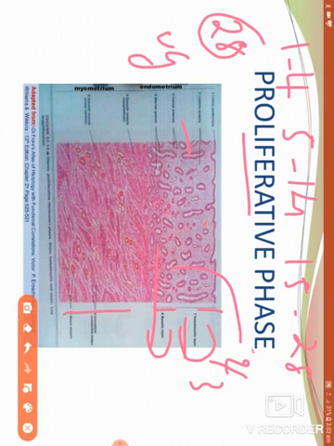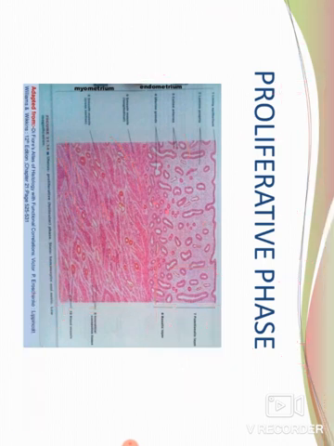These are the two layers of the endometrium. Then comes the myometrium, with circular and longitudinal muscle fibers interdigitated with each other: inner and outer longitudinal, middle circular fibers. The perimetrium is not there in this figure; it is lined with simple squamous cells. So that is the proliferative phase.